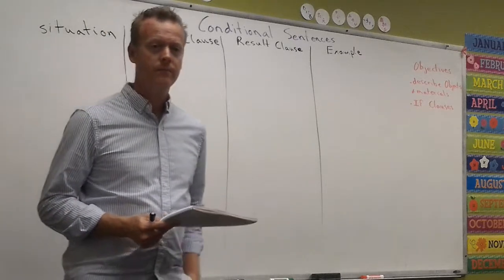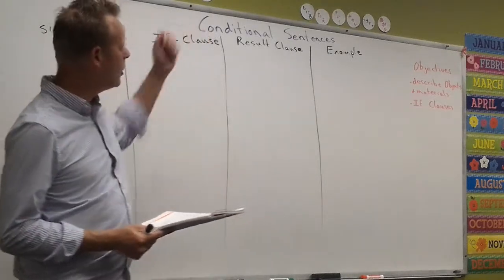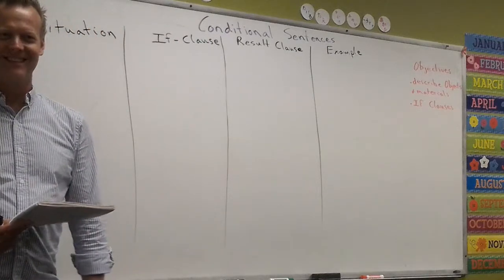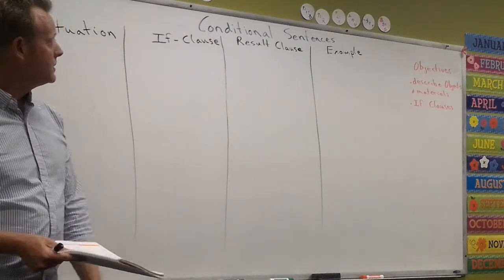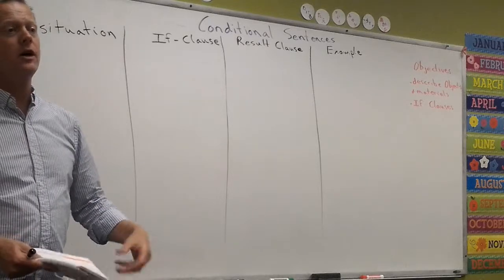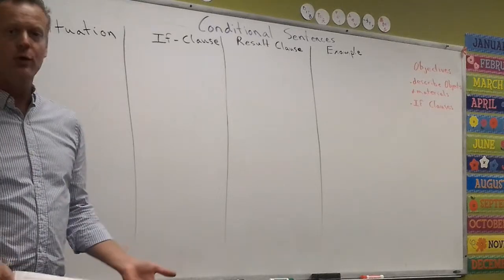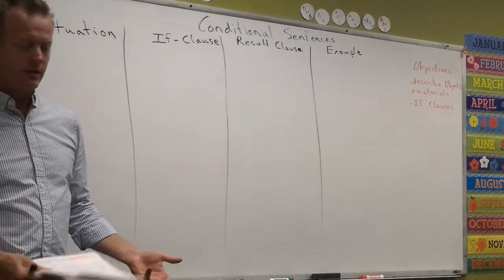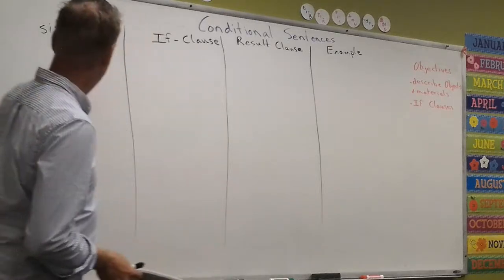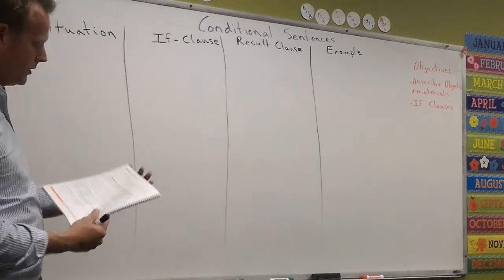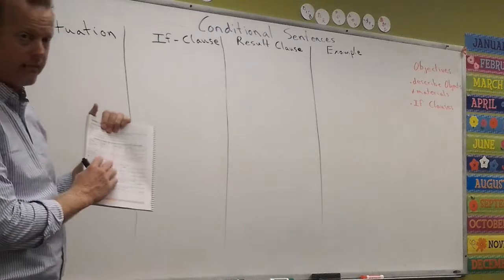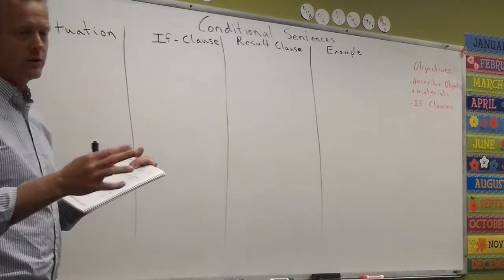Alright, so listen. They're called conditional sentences, right? So we use conditional sentences to talk about a situation. You'll notice in the book there's this nice little graph here, okay? There's three different possibilities.